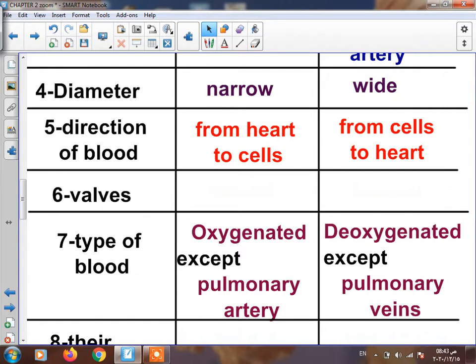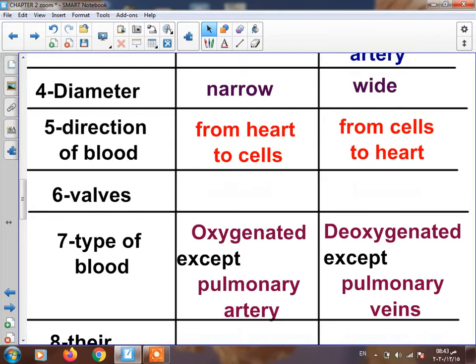But we know the word pulmonary changes the type of blood. So all arteries carry oxygenated blood except the pulmonary artery. Why? Because the pulmonary artery carries this blood from the heart to the lung. And we know the source of oxygen in my body is the lung. So of course the heart does not give the lung oxygen; it gives the lung what? Carbon dioxide. Why? To help the body get rid of this carbon dioxide.